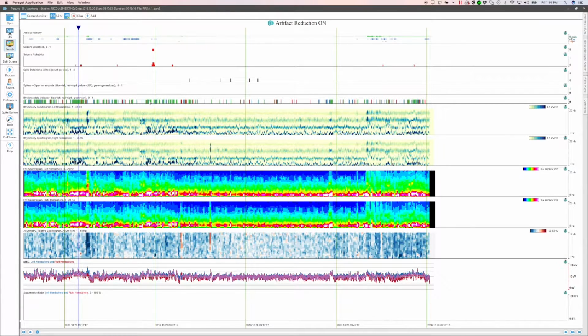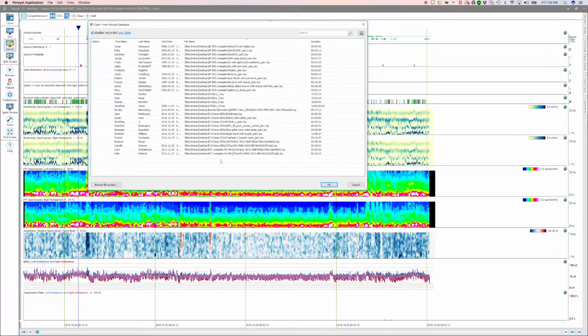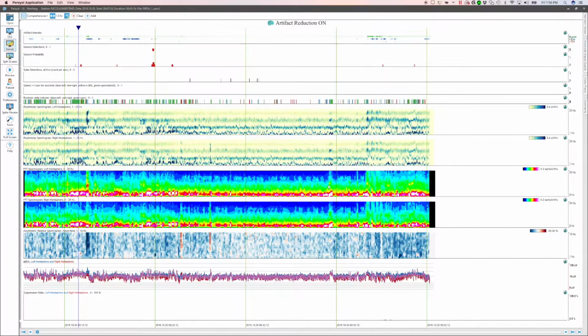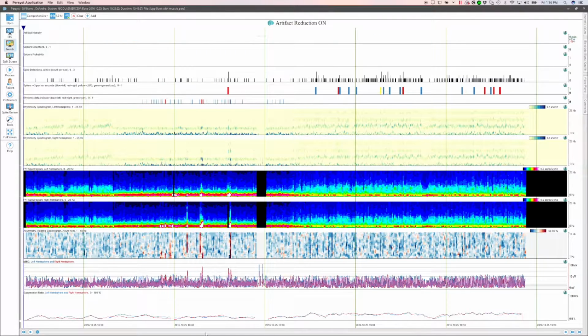You get the rate of periodic discharges, seizures, rhythmic delta, and suppression, which is also shown if you look at that type of record. And this shows the level of suppression down here, so you can get an idea of suppression as well.